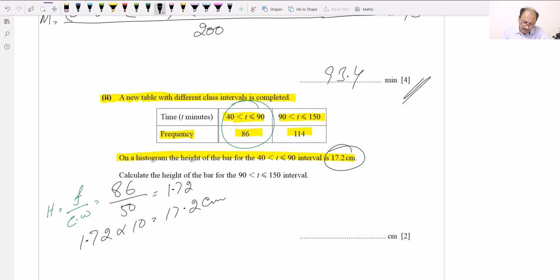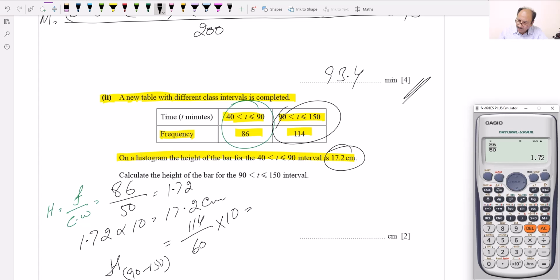So now we will be calculating for the other portion, which is 144. So what is the height from 90 to 150? We calculate 114 divided by 150 minus 90, which is 60, and whatever answer we get we multiply by 10.